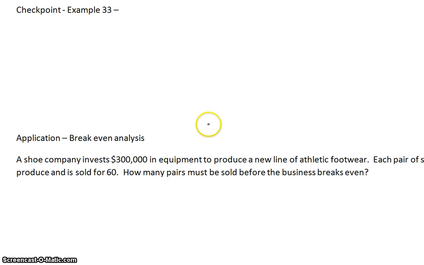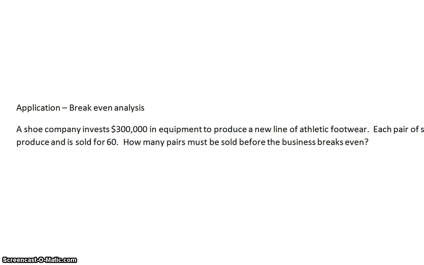So I'm going to look at this next problem. It says a shoe company invested $300,000 to purchase a new line of athletic footwear. Each pair of shoes costs $5 to produce and is sold for $60. So how many pairs must be sold before the business breaks even? We have to look at this in terms of the revenue they make and the cost to make the shoes.